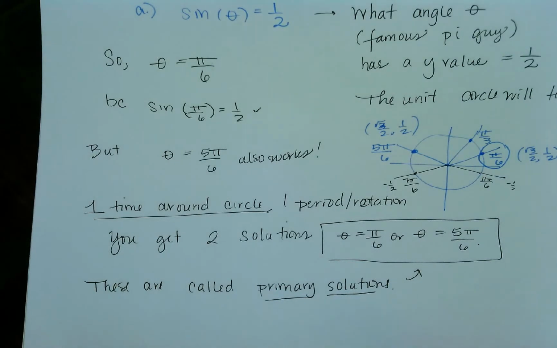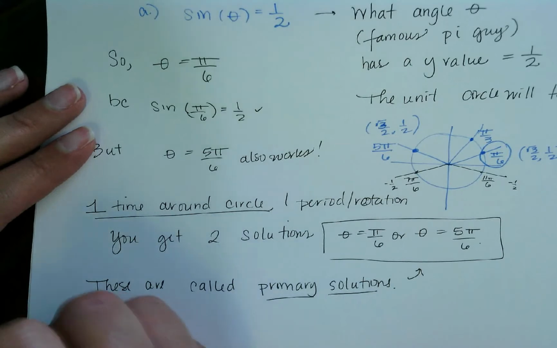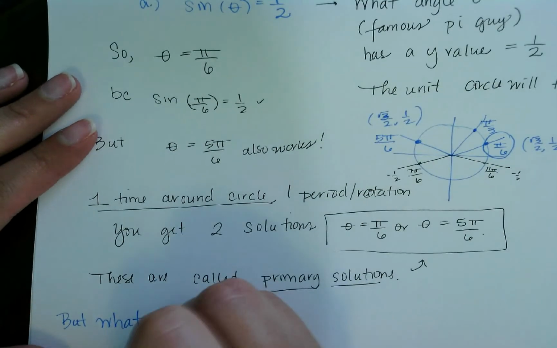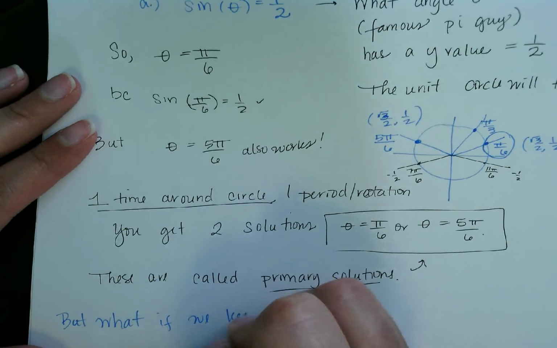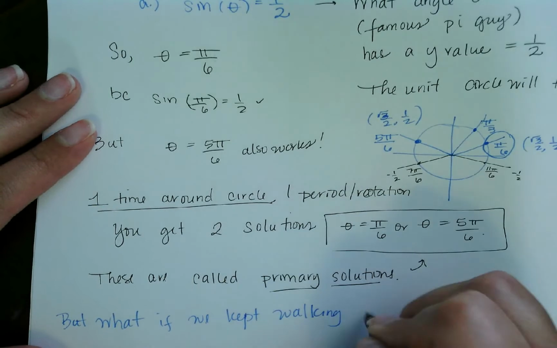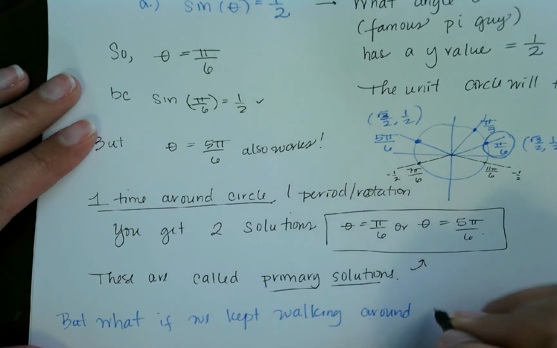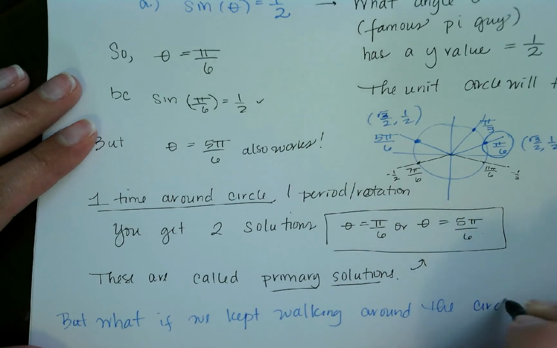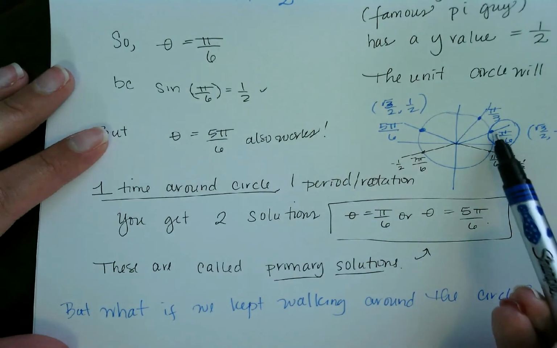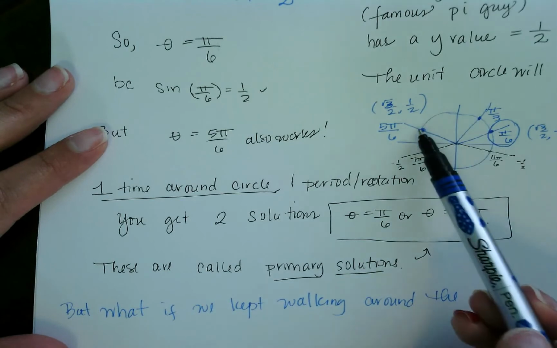But what if we kept walking around the circle? What if we did more than one lap? We just kept walking. We would hit this spot more than once, and we would hit this spot more than once. Okay? So there's infinitely many solutions.